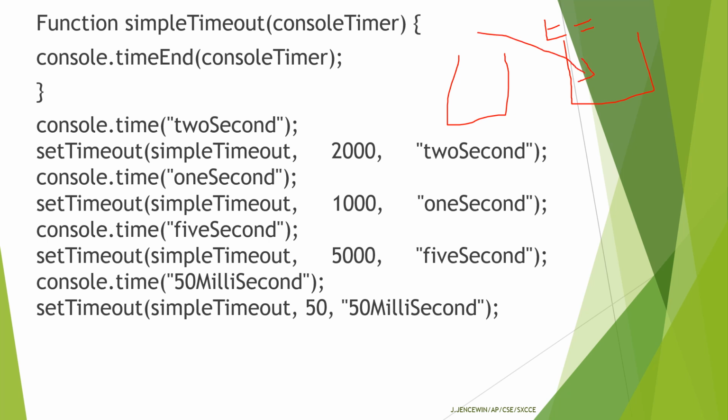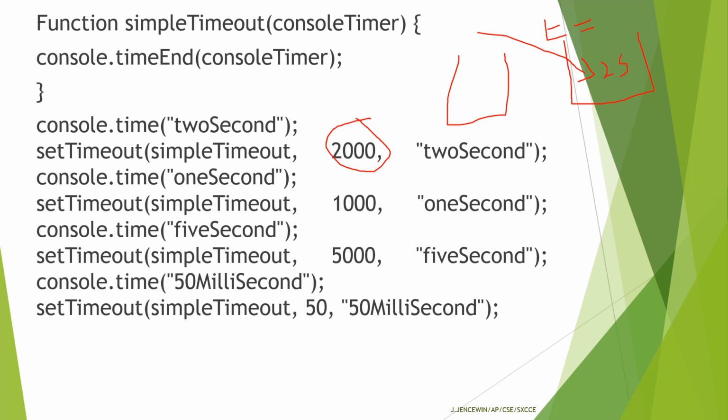Here we have some external task, so this is added to the thread pool. This is actually a blocking function, right? This simpleTimeout is executed after 2000 milliseconds. So this is added to the thread pool and assigned to the timer, to execute in 2 seconds.